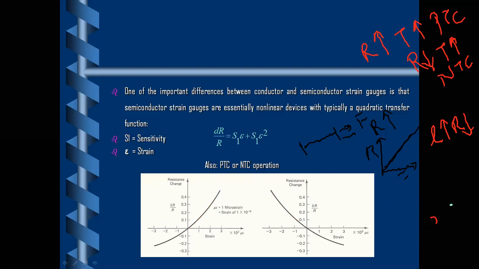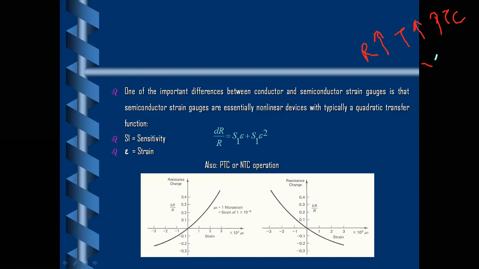And why are we studying temperature? The reason is that the semiconductor is sensitive to the temperature. That's why it matters what type of semiconductor material we have used, whether a positive temperature coefficient or a negative temperature coefficient material.